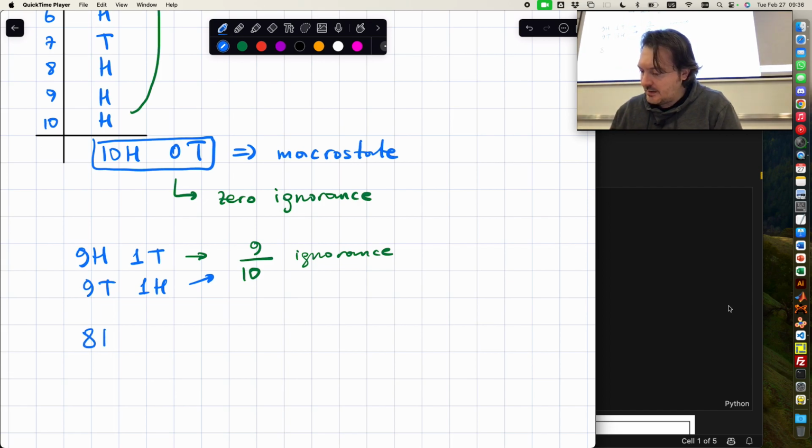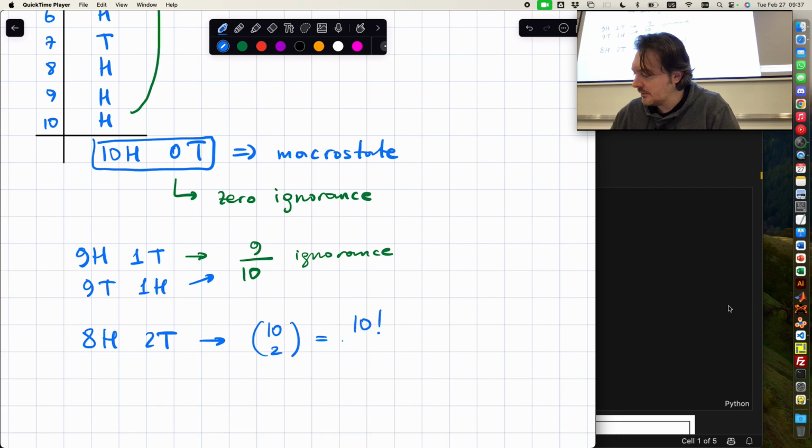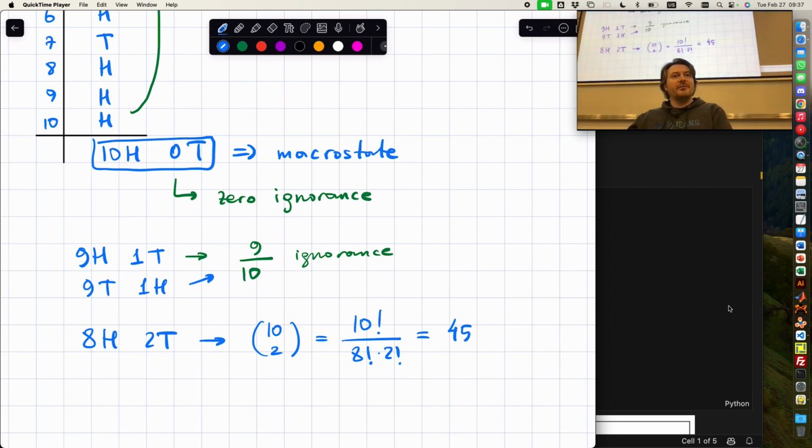What if it's 8 heads, 2 tails? 10 choose 2 minus 1 over 10 choose 2. 10 choose 2 is 10 factorial divided by 8 factorial times 2 factorial, 45. Okay, so there are 45 different scrambles that have 2 tails and 8 heads, and I will be right only once.